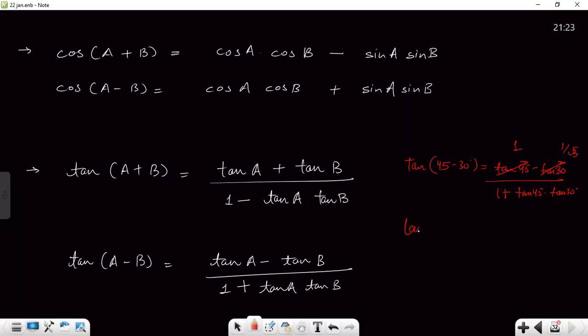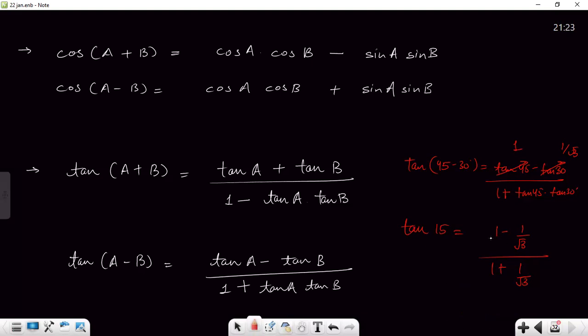This is tan 15. 1 minus 1 by root 3 divided by 1 plus 1 into 1 by root 3. Taking LCM, root 3 minus 1 divided by root 3. Lack of space.